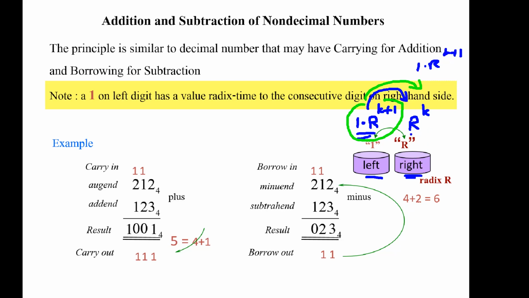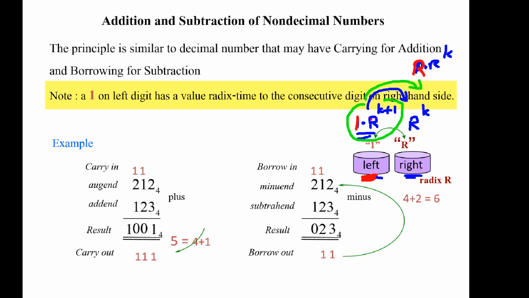Because the digit weight is r to the power of k, you must change this one to the power of k also. Then it becomes r multiplied by r to the power of k. Note this one in the left digit: when you move to the right digit, it changes to r.